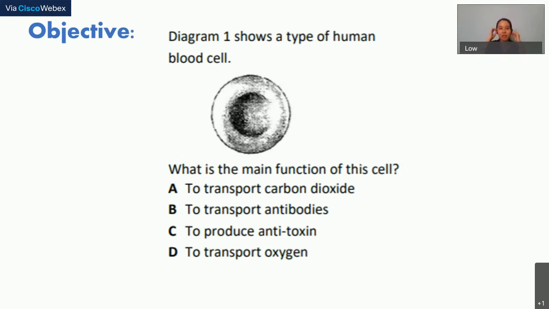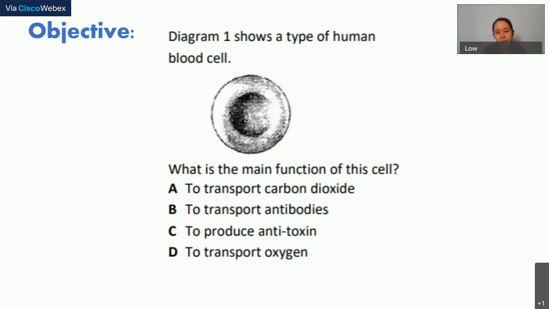Objective question. First one. The diagram shows a type of human blood cell. What is this? We have seen it before, right? It's a red blood cell, erythrocyte. So what's the main function of the erythrocyte?